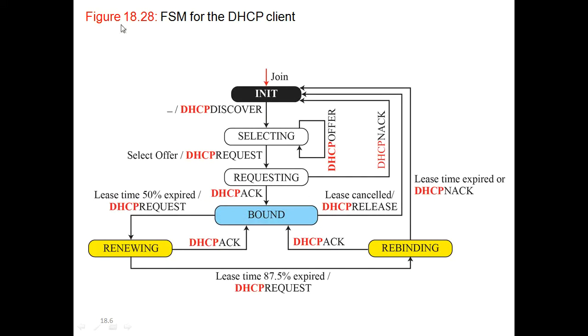So this is a finite state machine for the DHCP client. How exactly DHCP will work will be shown with the help of the finite state machine. When a DHCP client first boots, it enters the init state. You can observe here it has no IP and does not even know where a DHCP server may be on the network.